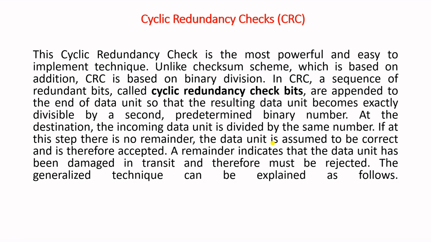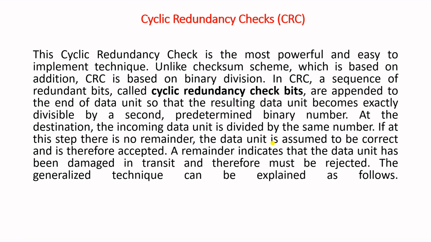At the destination, the incoming data unit is divided by the same number. If at this step there is no remainder, the data unit is assumed to be correct and is therefore accepted.